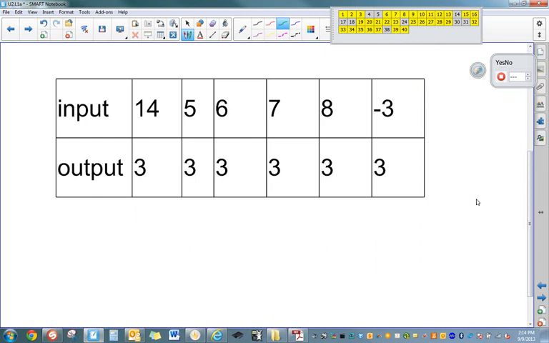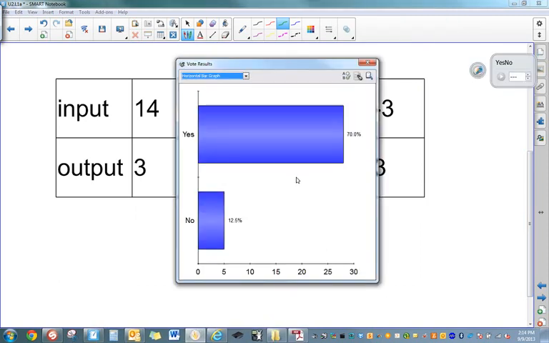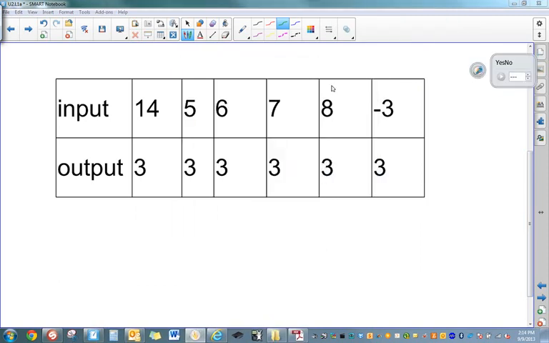Okay, so is that a function? Yes. Of course it's a function. There are no repeated x values. The output has nothing to do with it.